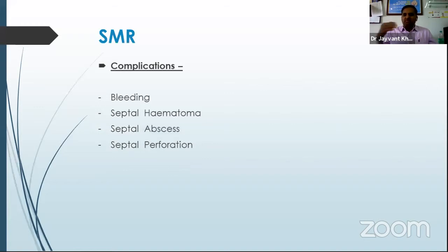Okay, bleeding will lead to septal hematoma, septal hematoma leads to septal abscess, and septal abscess leads to erosion of surrounding structures and septal perforation.